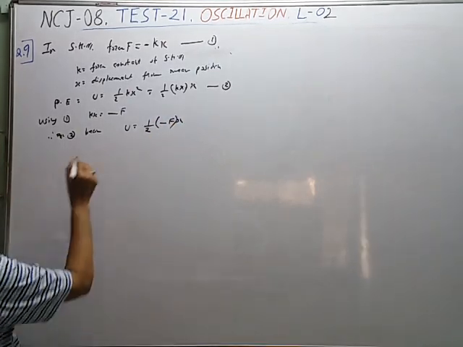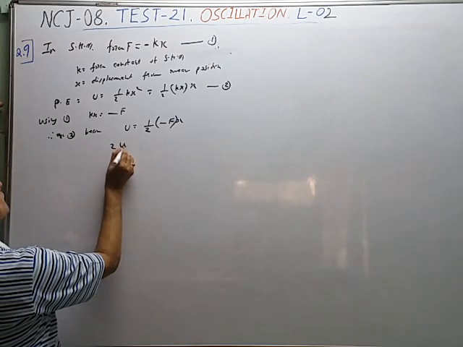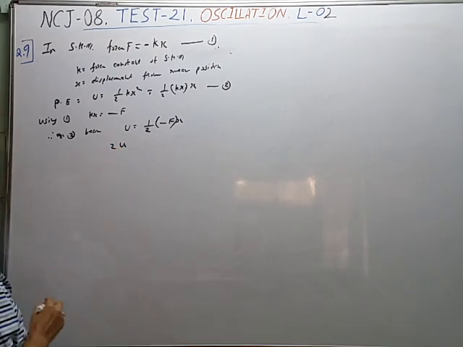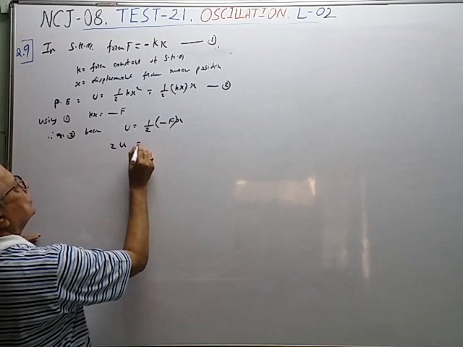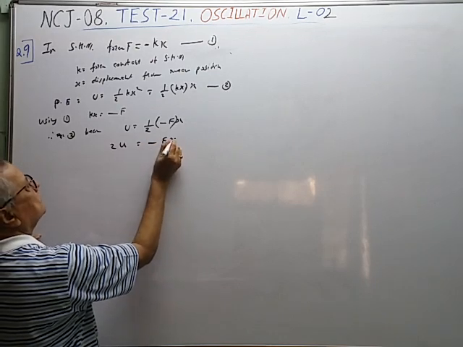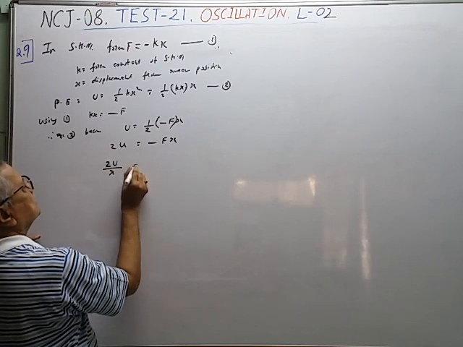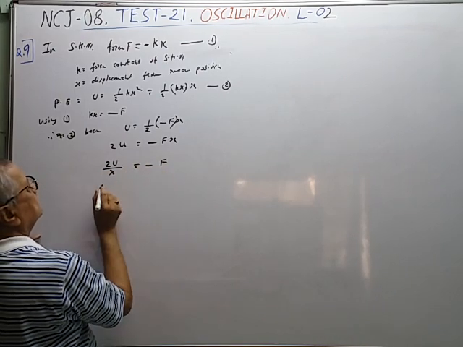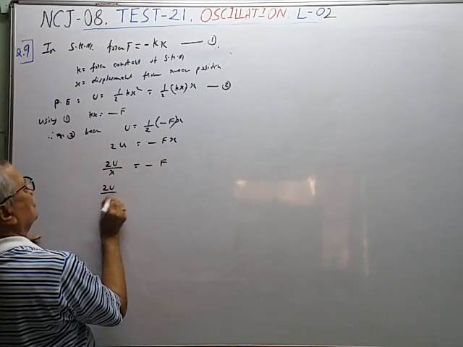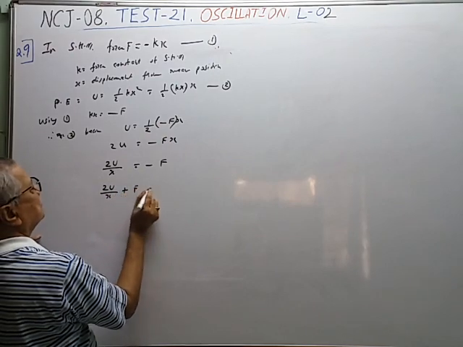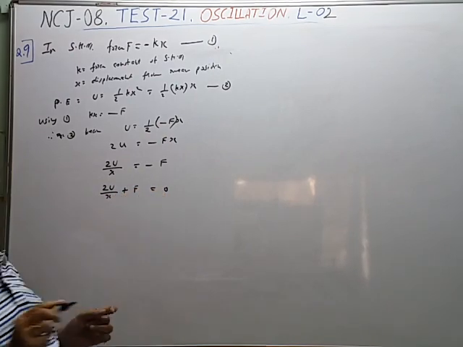So 2 times U is equal to minus Fx, so 2U by x is equal to minus F. Therefore, 2U plus Fx is equal to 0.